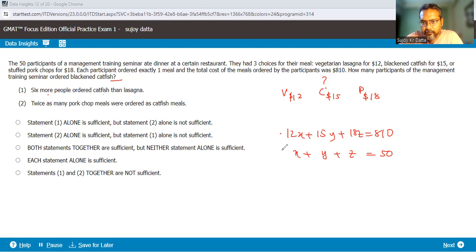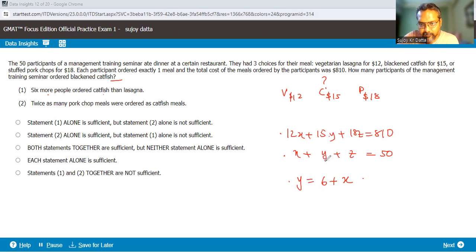So we have got one equation, we have got the second equation, and we know the third one is y is 6 plus x. If I plug in that here, I am going to get two equations which will work out, right?